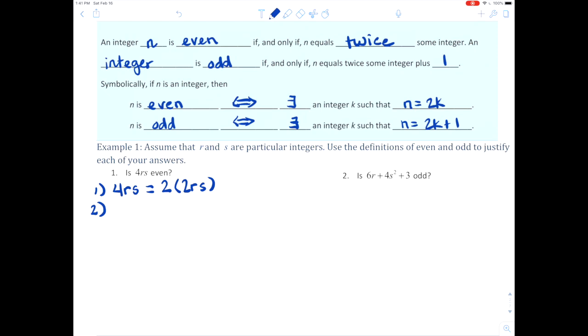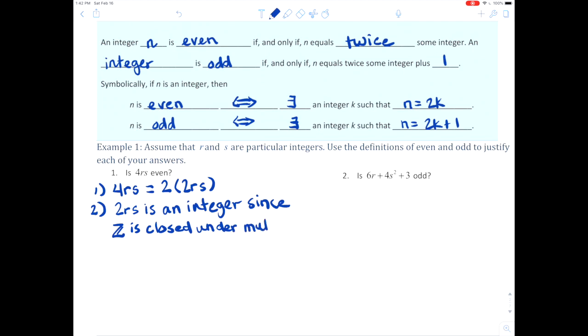What is 2 times r times s? Good. It's an integer. And why? Good, because the set of integers is closed under multiplication. So remember that Z stands for integers, so the set of integers is closed under the operation of multiplication.